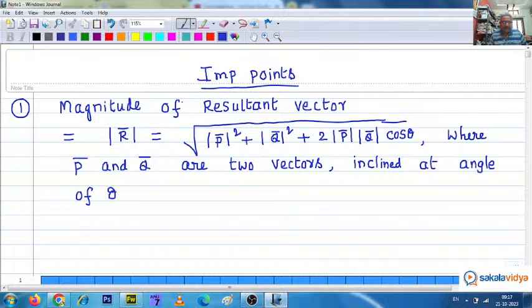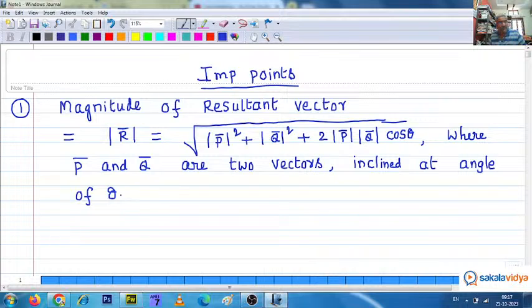Then the magnitude of the resultant vector is given by root over mod P square plus mod Q square plus 2 times mod P times mod Q times cos theta, where, very important, theta is the angle between the two vectors. I hope it's very clear.